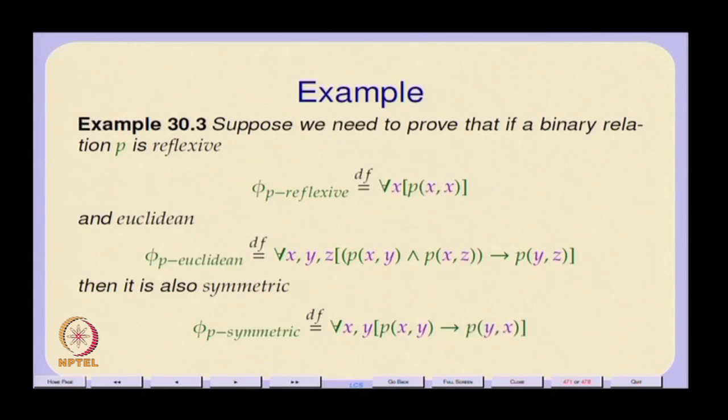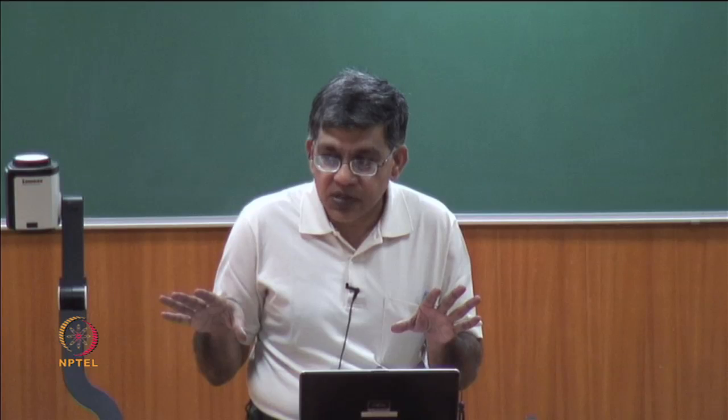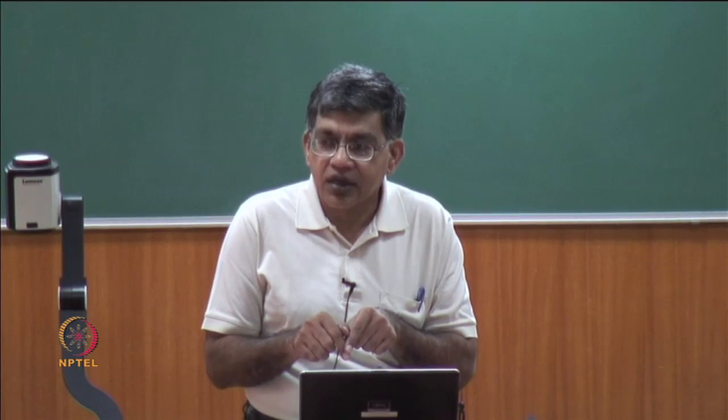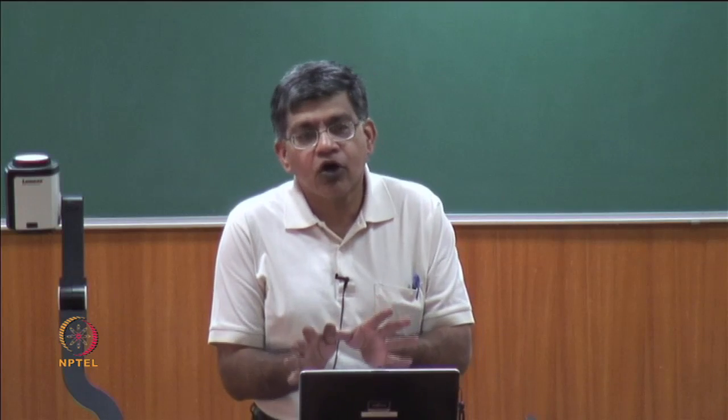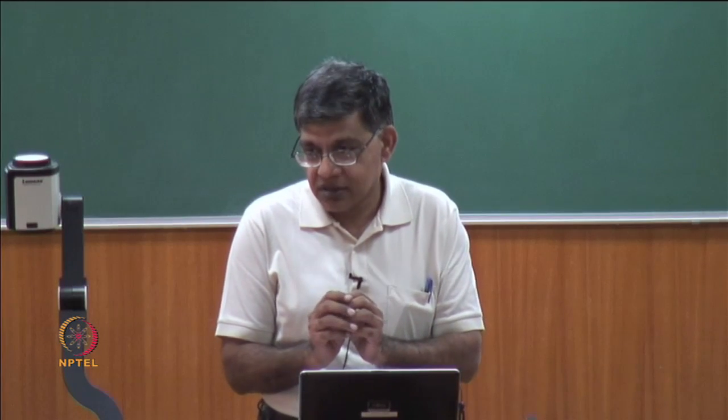But as you can see here, this example clearly shows that if you did not take the most general unifier and if you did not unify as many literals as possible, the goal should not be to eliminate as many literals as possible, but the goal should be to get the most general unifier and eliminate all that unifier can eliminate.